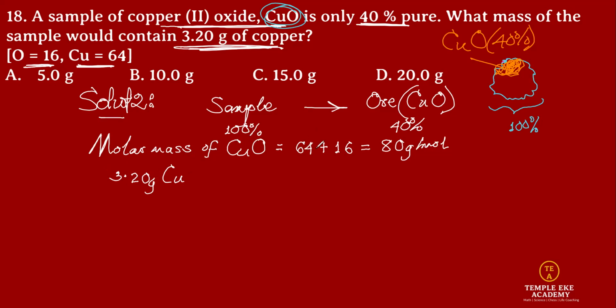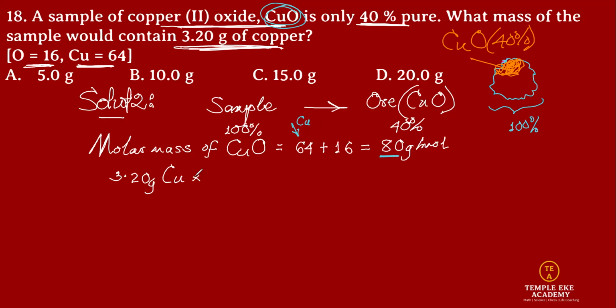In this calculation here, we observe that out of the 80 gram in 1 mole of copper 2 oxide, 64 gram is contributed by copper, as we have observed. So that is a relationship. It means 64 gram of copper is present in 80 gram of copper 2 oxide. And that's a relationship we can set up.